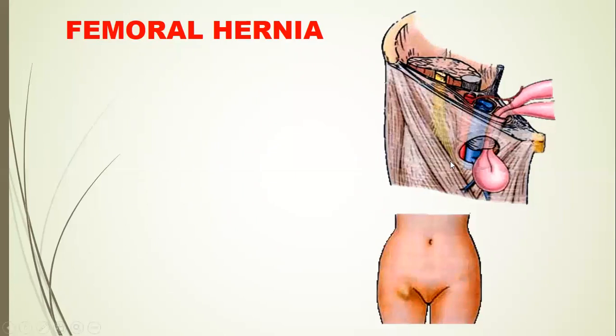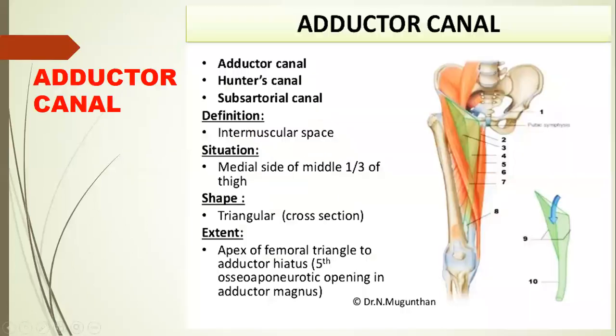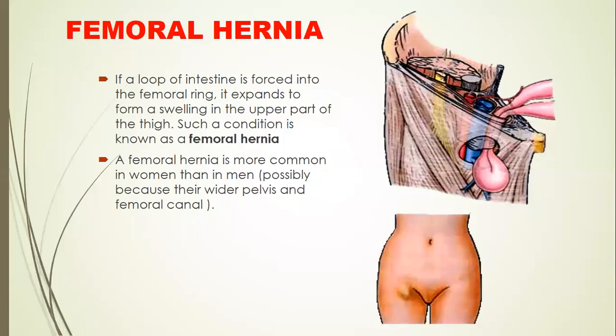And it appears like this, which is called the femoral hernia. So this one is just the femoral hernia. How does the femoral hernia appear?